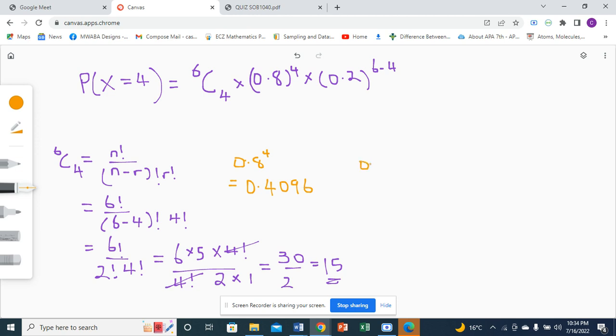Then we also have 0.2 to the power 6 minus 4, that is 2. So 0.2 to the power 2 gets 0.04.